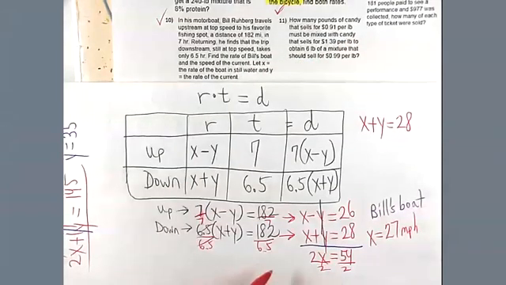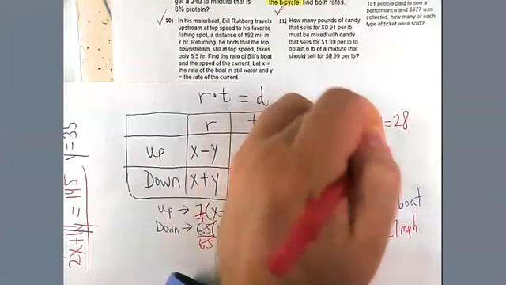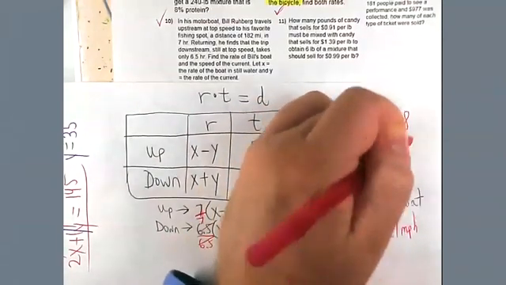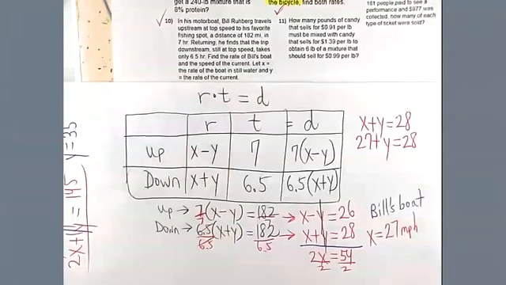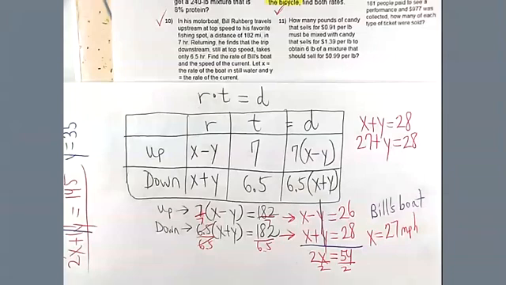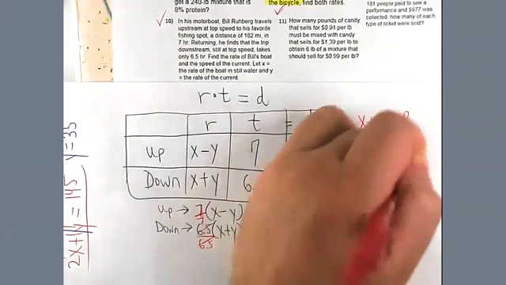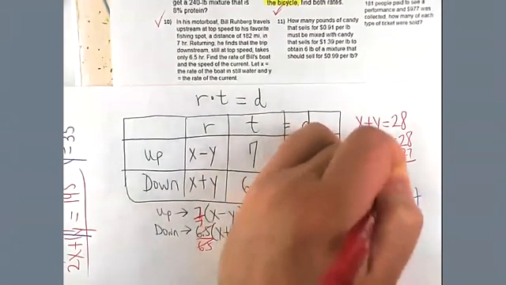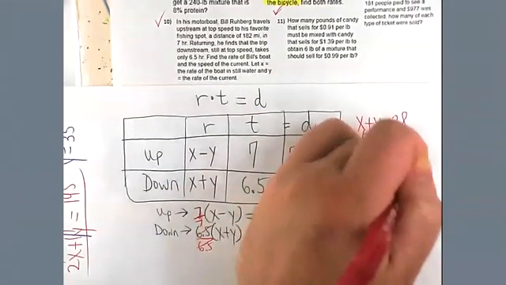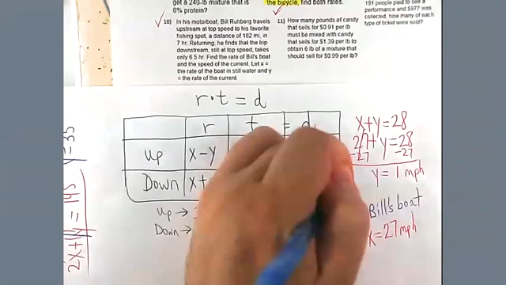And in place of x, plug in 27. When you subtract 27 from both sides, that is the rate of the current.